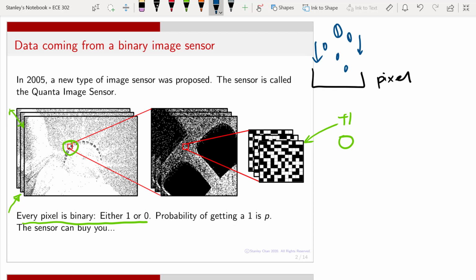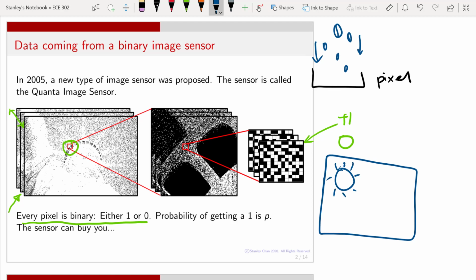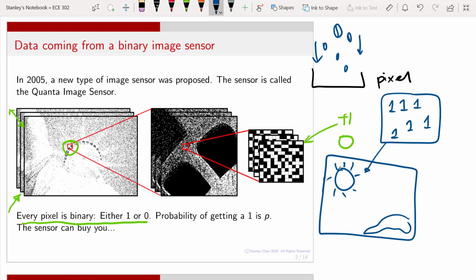In other words, it also depends on how strong the scene is. So imagine that you have an image which has a very bright scene, and then you have some really dark region. Pixels in this area, you will have a lot of ones. So if you zoom in, you will have a lot of ones. Pixels here are very dark, and so you will have most of them being zeros.